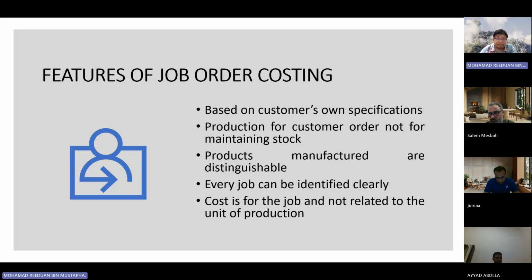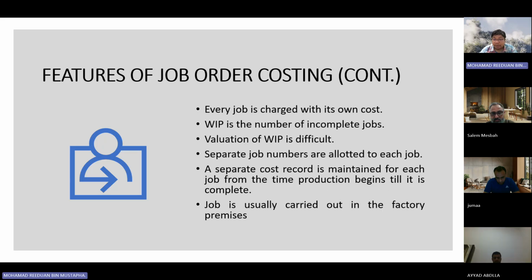And then every job is charged with its own costs. Work in progress is the number of incomplete jobs. Valuation of the work in progress could be very difficult, because they need to monitor separate accounts, and maybe a separate job number is allocated to each job.